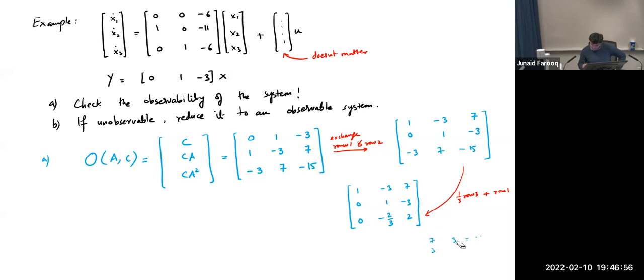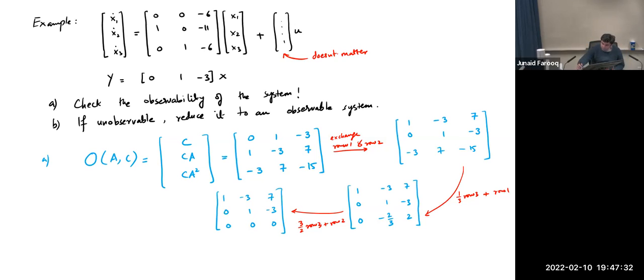Yeah, correct. And the next one is 3 over 2 times row 2 added to row 3. We have [1, -3, 7], [0, 1, -3], [0, 0, 0]. So we got 3, and 3 minus 3 is 0.